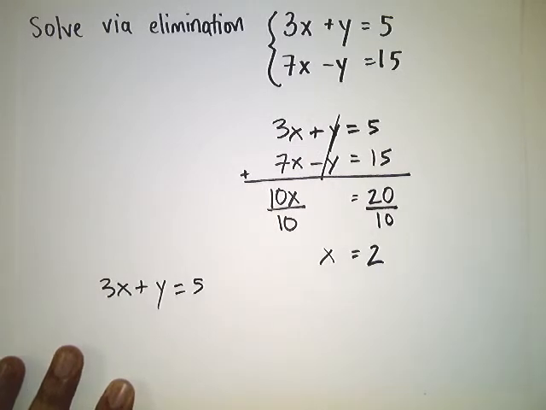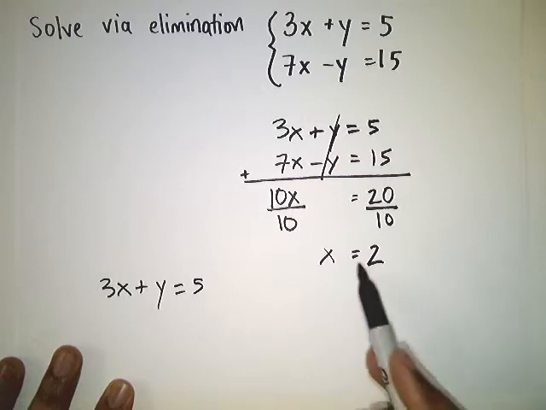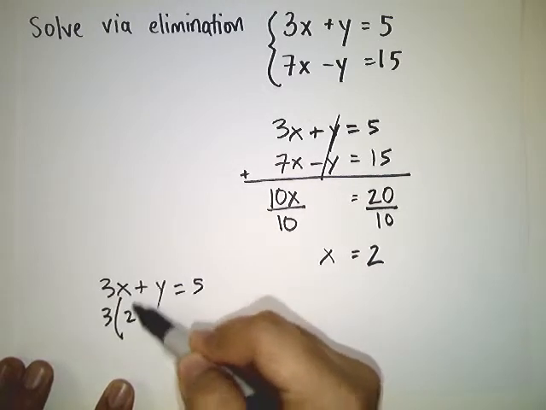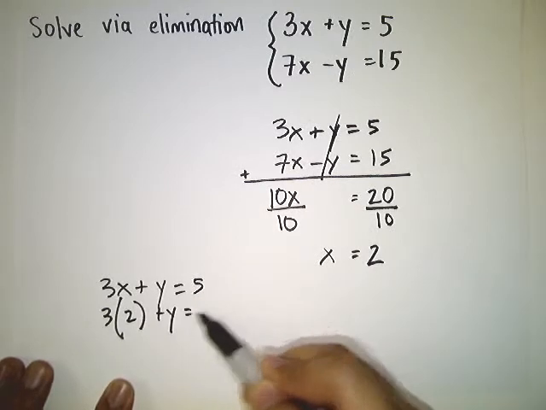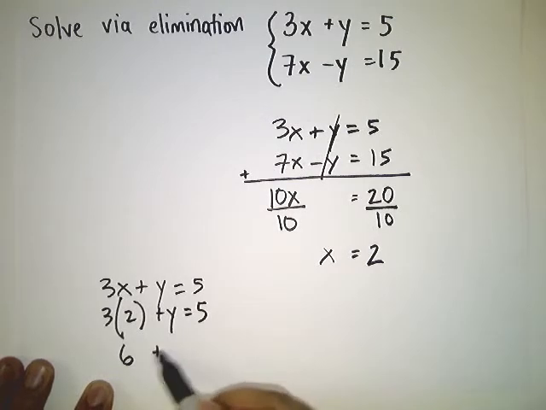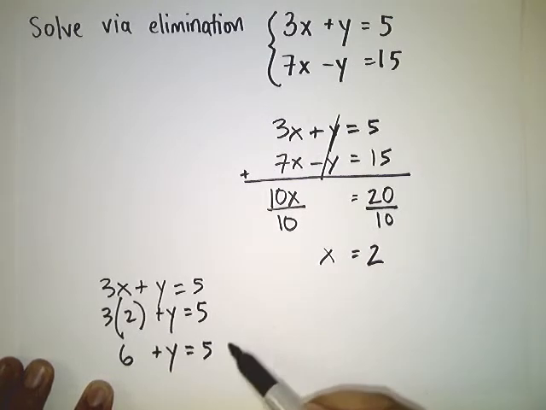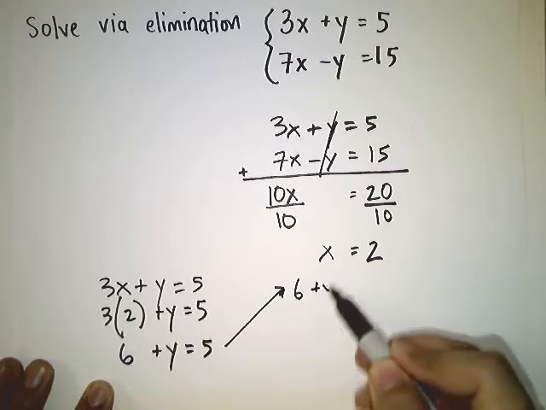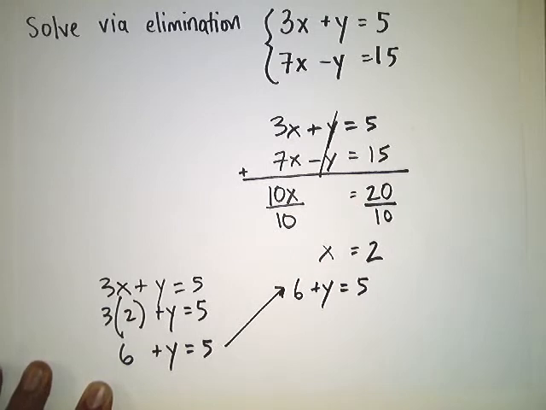That was the original equation. Now let's plug in x equals 2. So it becomes 3 times 2 plus y equals 5. 3 times 2 is, of course, 6, plus y equals 5.